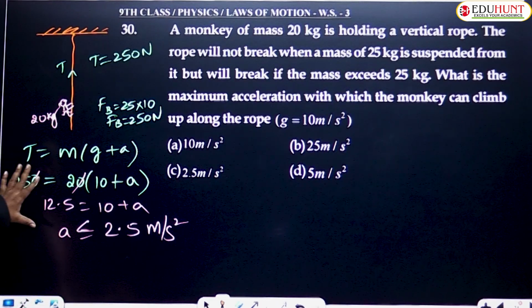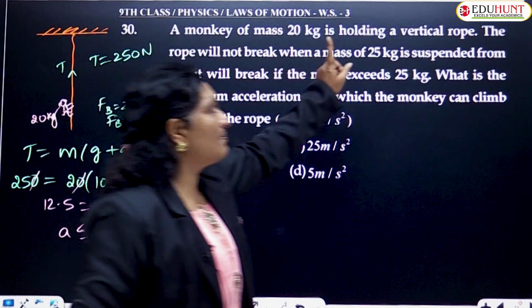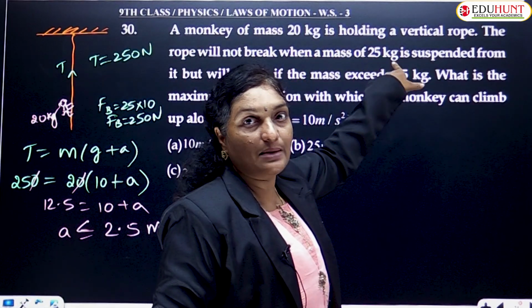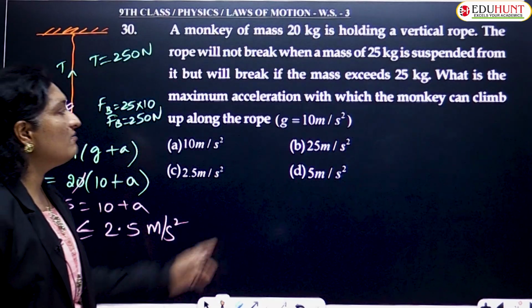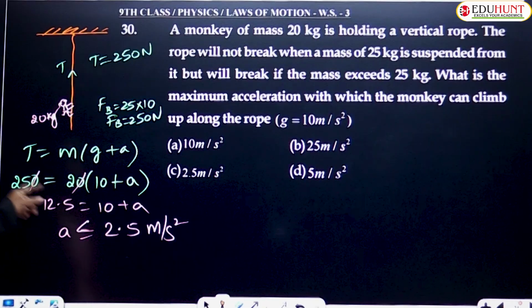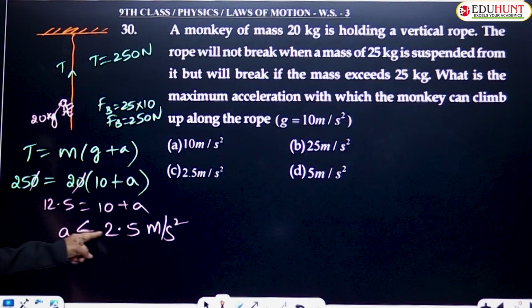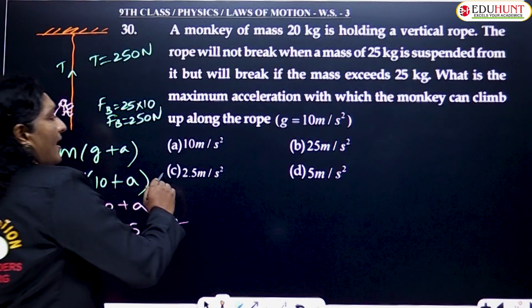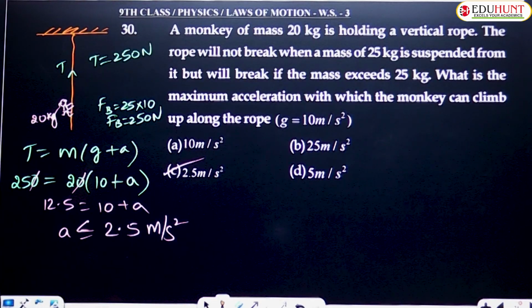I hope the concept is clear, children. What is the tension it can withstand? Up to 25 kg mass, which means T equals 25 g, that is 25 into 10, which is 250 Newtons. So T equals m into (g plus a), as it is an upward motion. Substituting the values, we get the acceleration as 2.5 meter per second square.